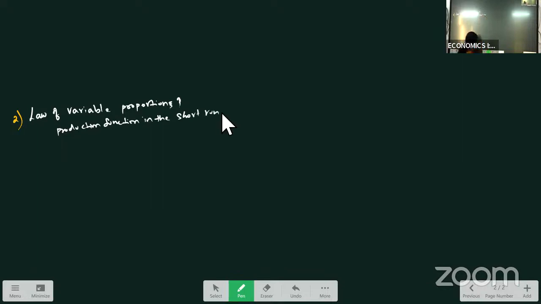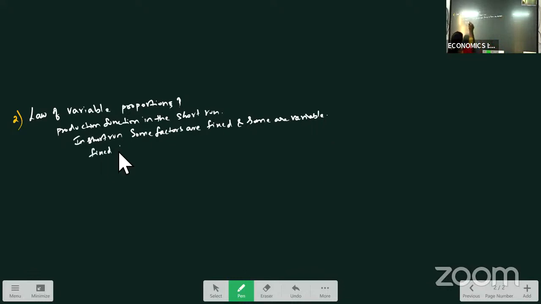What happens in the short run? In the short run, some factors are fixed and some are variable. Fixed factors are combined with variable factors.